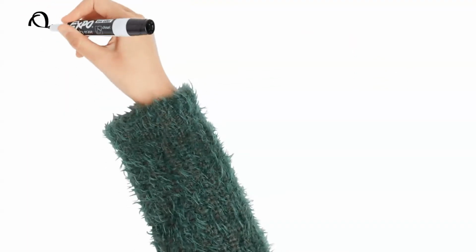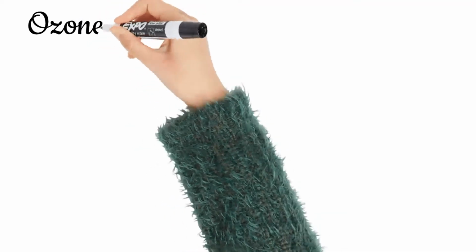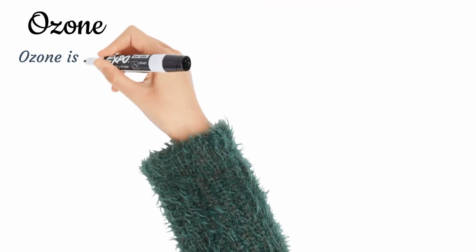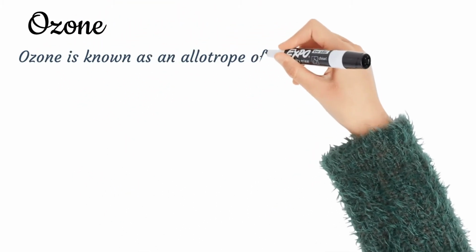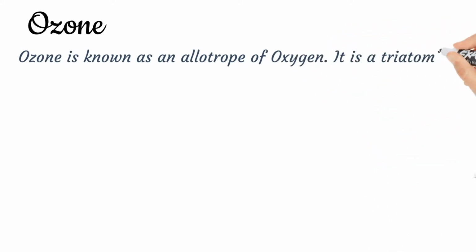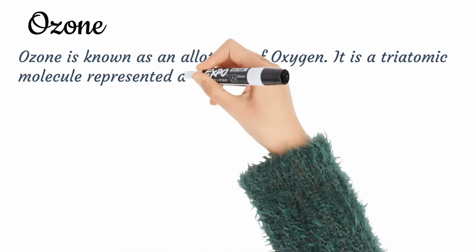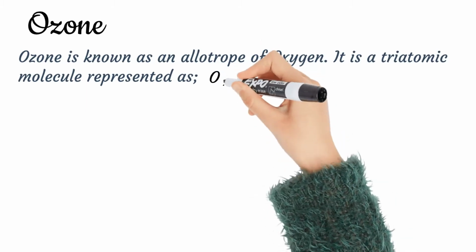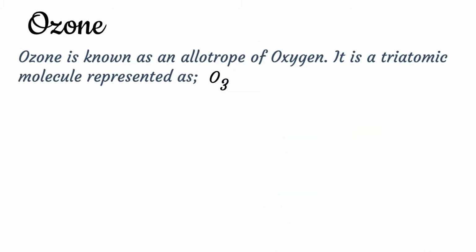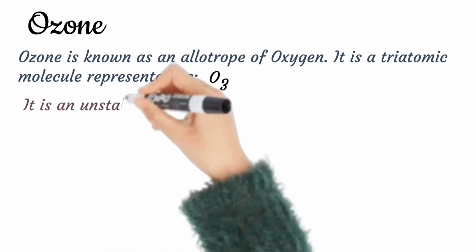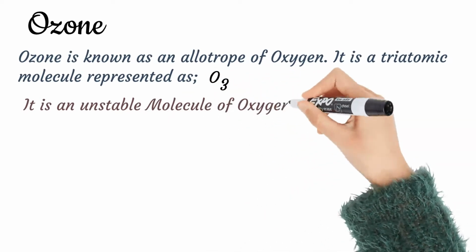Next, we look at ozone. Ozone is known as an allotrope of oxygen. It is a triatomic molecule represented as O3. Oxygen is O2, remember? Ozone is an unstable molecule of oxygen.